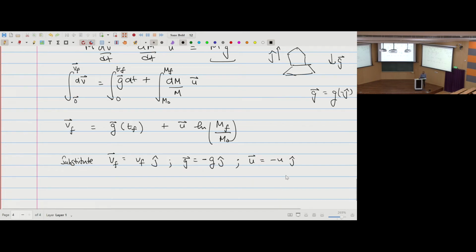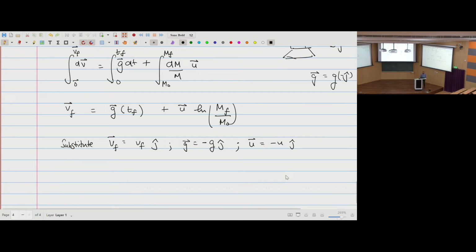We will substitute the vectors now. So Vf, we will call it V magnitude times j hat, because we have an intuition that it flies up. If for some reason it was flying down, then I will get a negative sign for Vf magnitude. Similarly, g is acting downwards, so we will take g vector as minus g magnitude times j hat.